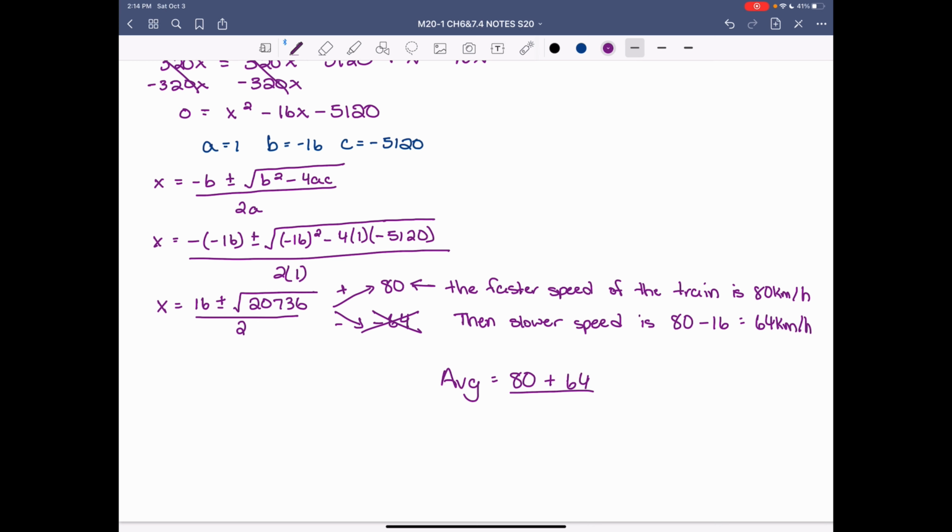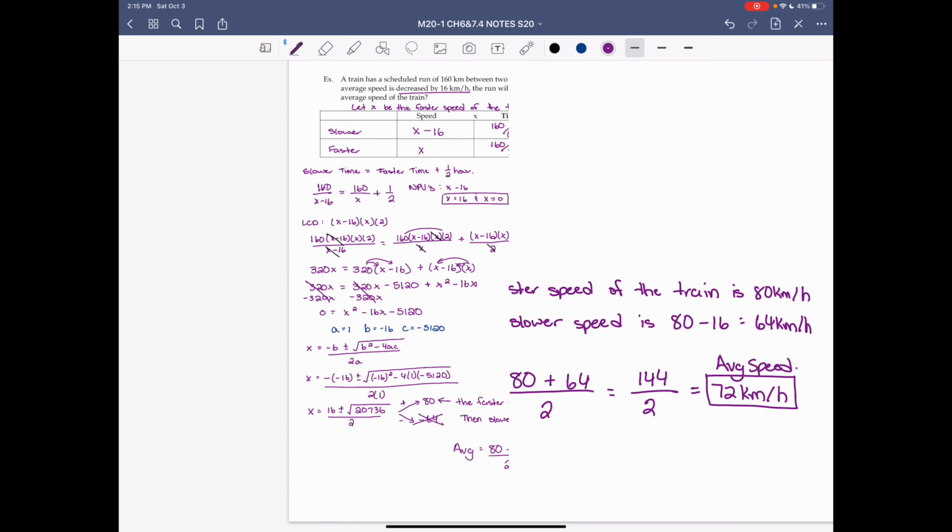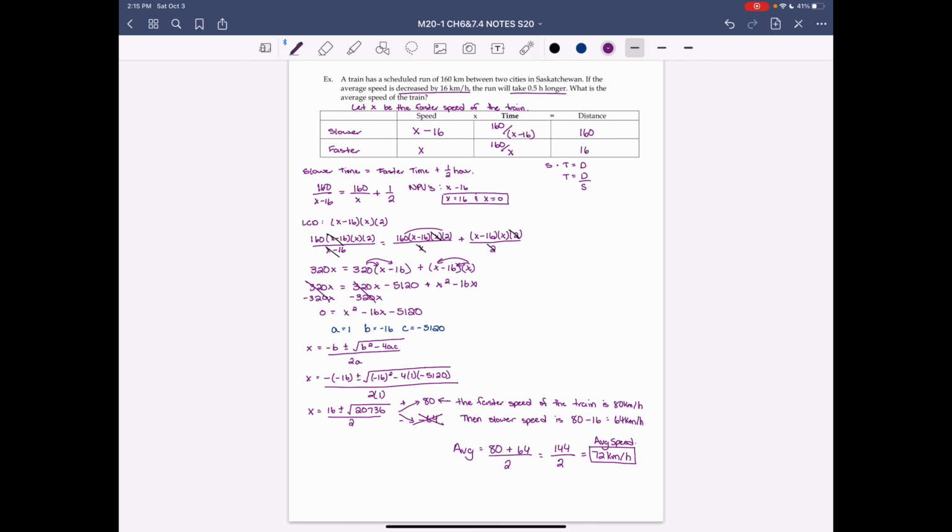Add those together and divide by 2. We get 144 divided by 2, which is 72 kilometers per hour for the average speed. That brings us to the end of Chapter 6, Lesson 4.